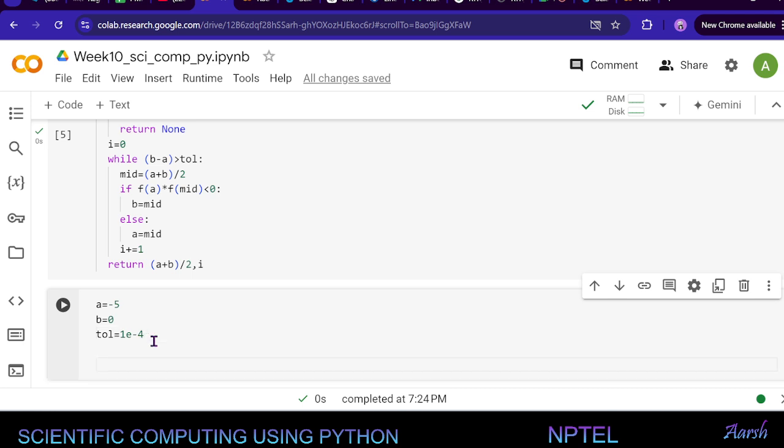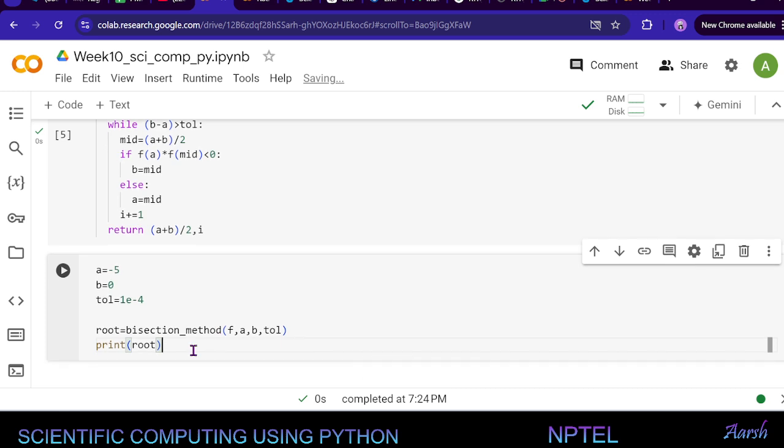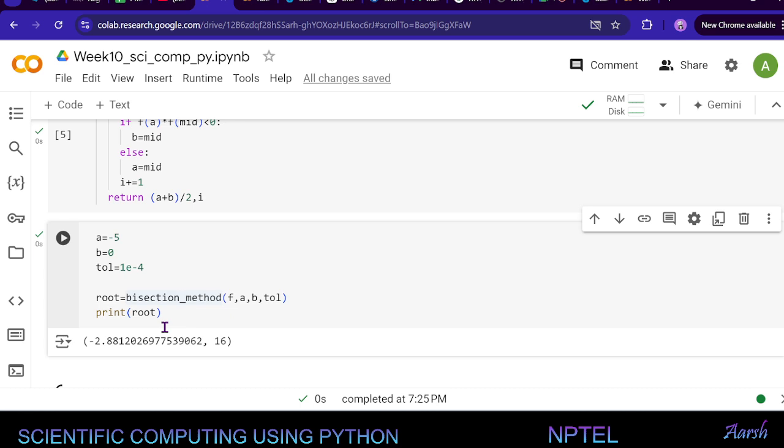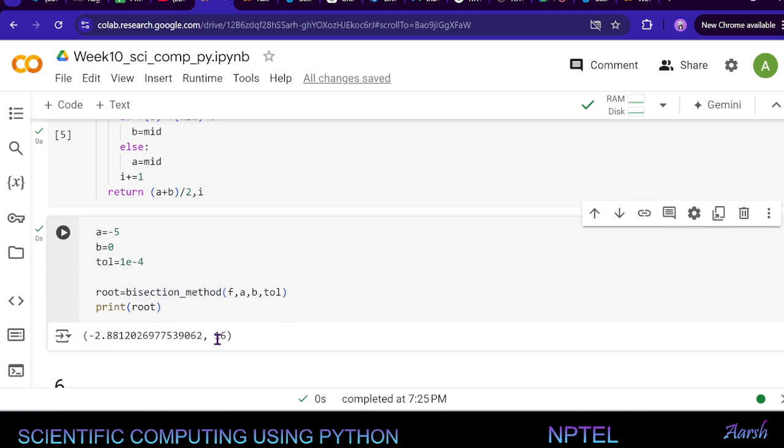And then the root is going to be the bisection method of f, a, b, and the tolerance, and then we print root. But since we are returning two values, it gives off the root as well as the number of iterations it took. So maybe I should print root of 0.